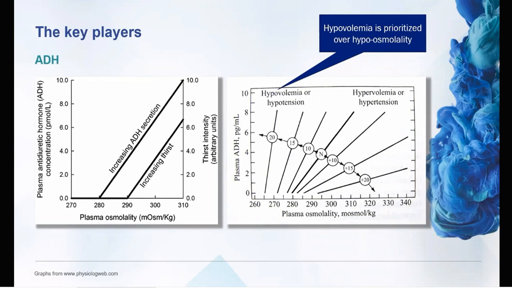When there is a combination of hypoosmolality and hypovolemia, the body will prioritize hypovolemia, and therefore ADH will be secreted a little bit more avidly in situations where hypovolemia is present. So from the moment plasma osmolality is low but hypovolemia is present, ADH will kick in a little bit earlier than in the normal situation.